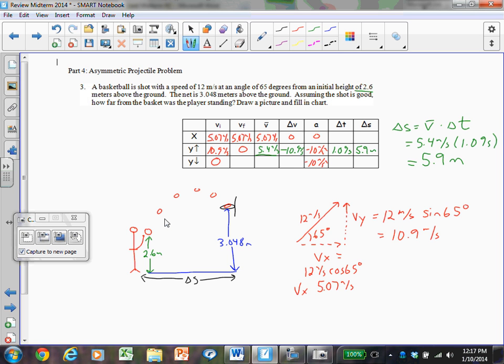Okay, so that's how high it goes up in the y direction from where it left, right? Quite the shot. That's 5.9 meters, isn't it? Because that's from where the ball left the hand to how high up it goes from there. So yeah, it's quite the shot, right? Yes.